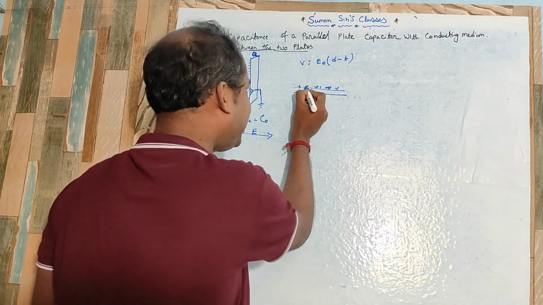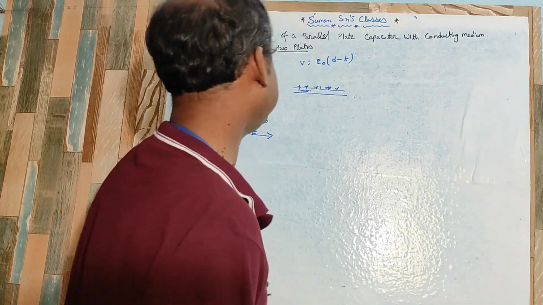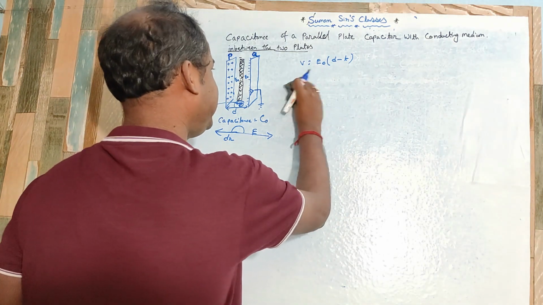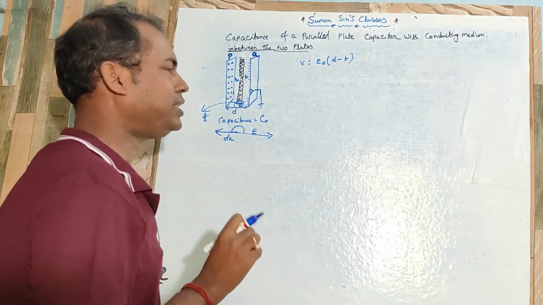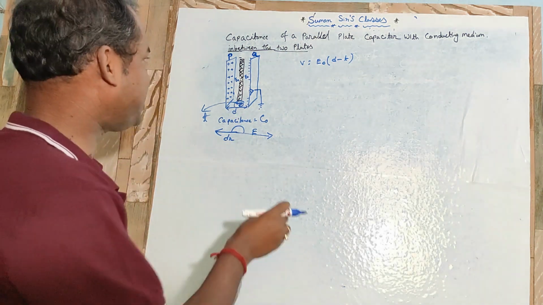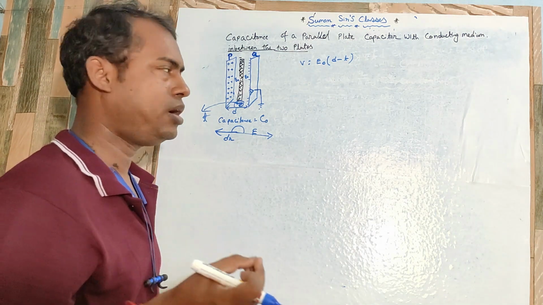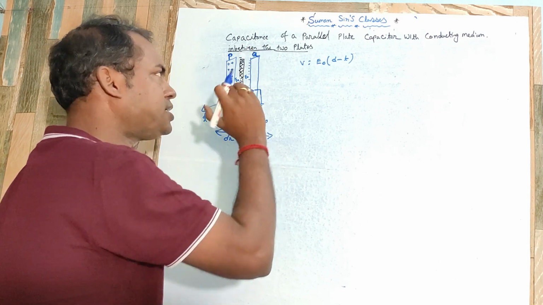That means within the conductor there is no charge present. So this is the conducting plate. Therefore, what is the electric field within this? That is obviously zero, because in conducting plates the charge is present on the surface.